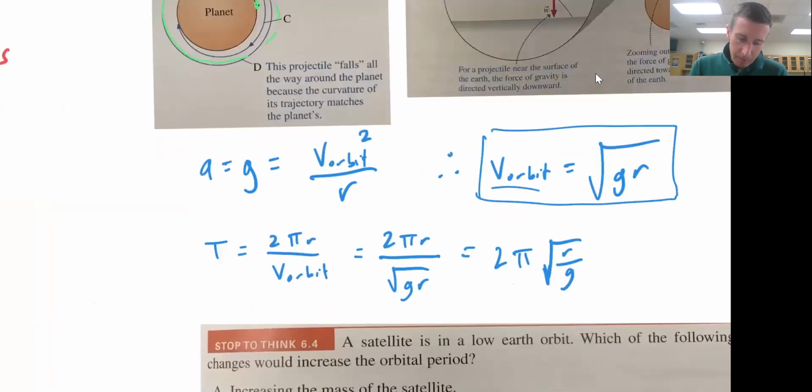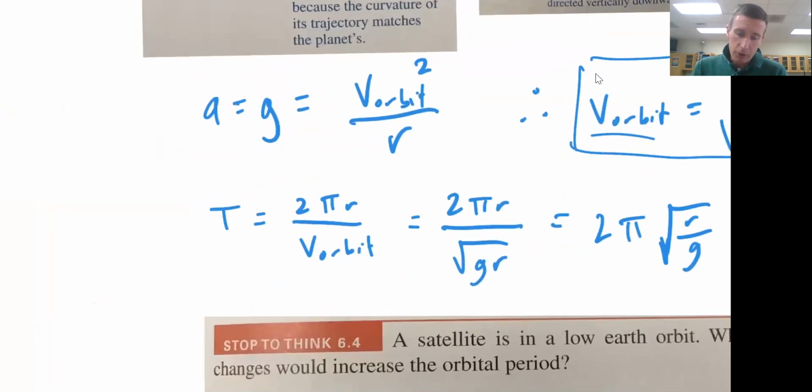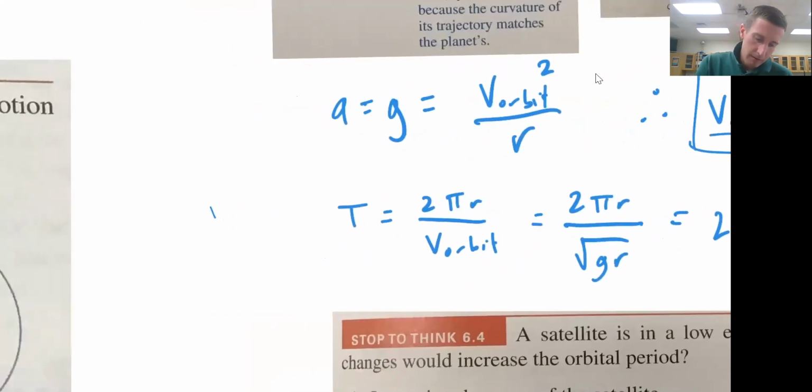Now, I could also say that the period is equal to 2 pi r, that's the distance, over velocity of the orbit. That's a manipulation of velocity equals distance over time. And then distance is 2 pi r over period, and then multiply the period over to here, divide both sides by velocity over to here, and I'm left with that equation.